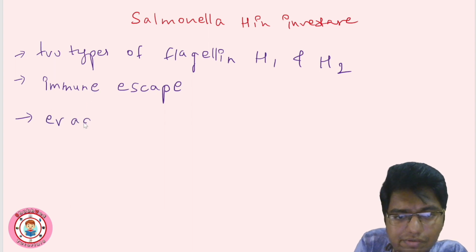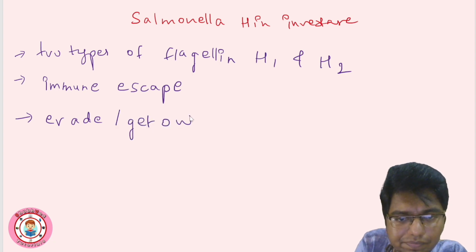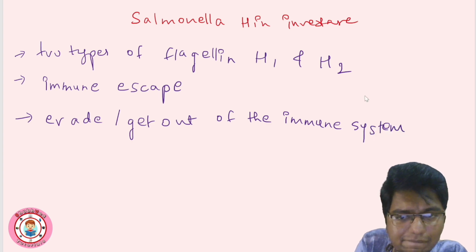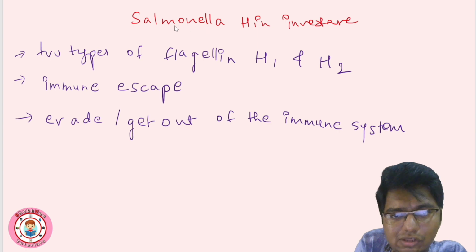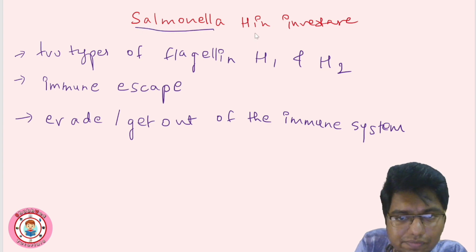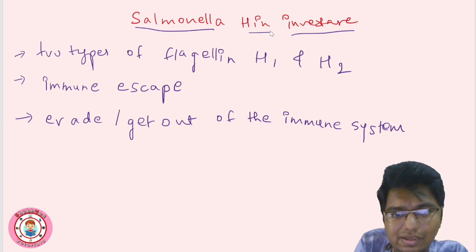To evade, or we can say get out of, the immune system. The immune system does not recognize the bacteria, and the bacteria continues to infect the host. So this is important, basically increasing the strength of the bacteria to infect the host.